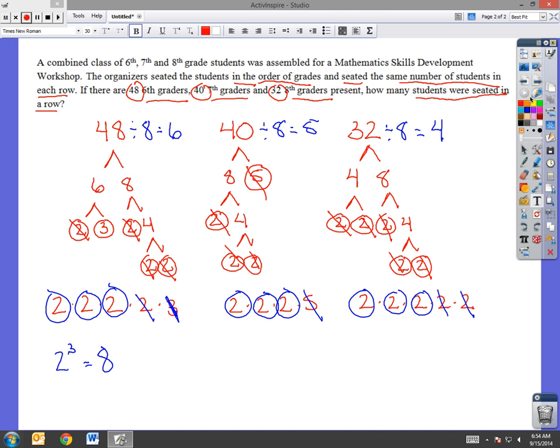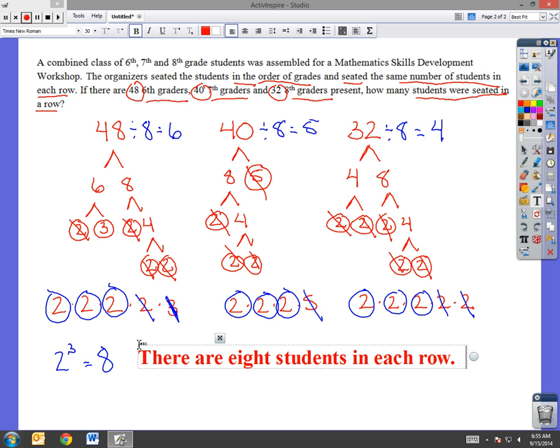If I were to type this out, there are 8 students in each row. I will have 6 rows of 6th graders.